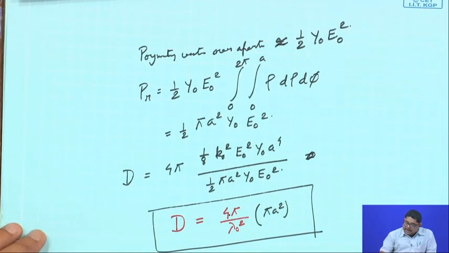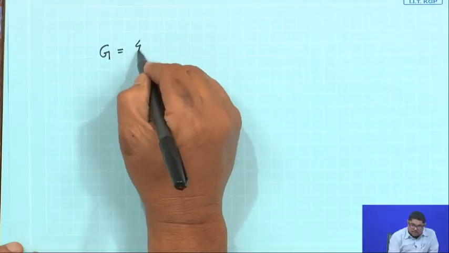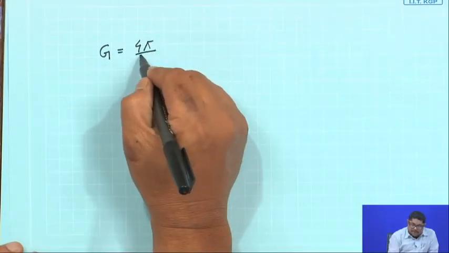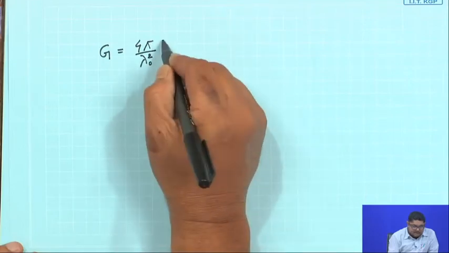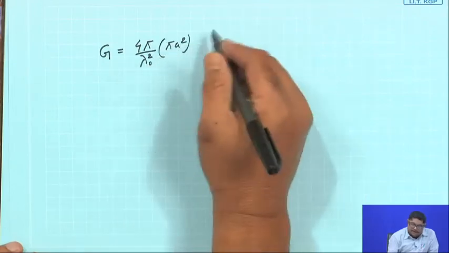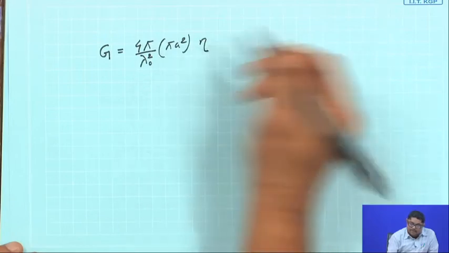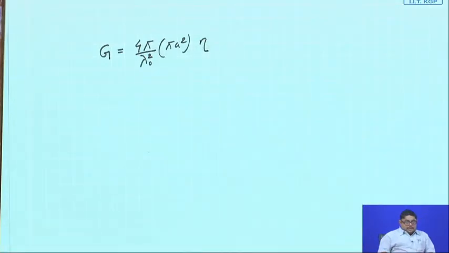But what will be the gain of the paraboloid reflector antenna system? That will be G equal to 4 pi by lambda naught square into pi a square into efficiencies. Actually we will see a long list of efficiencies at the end.